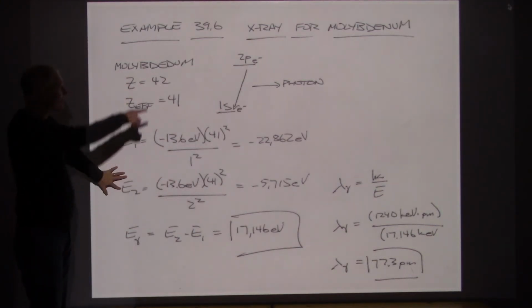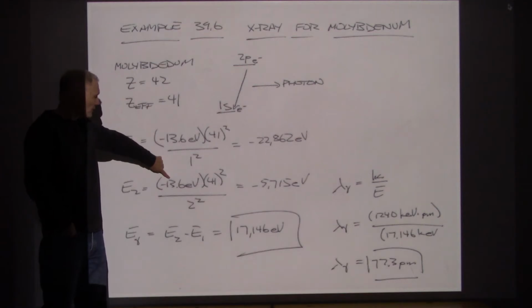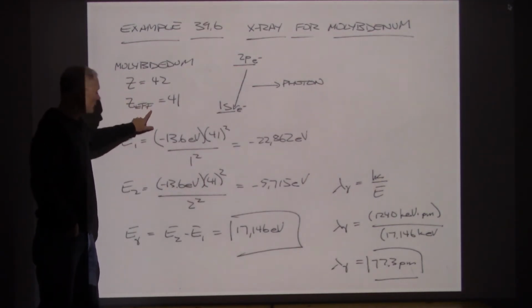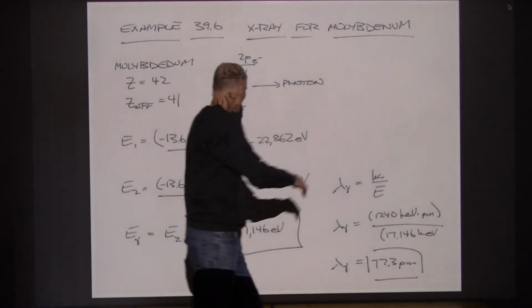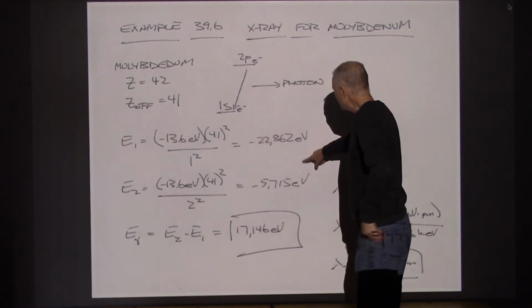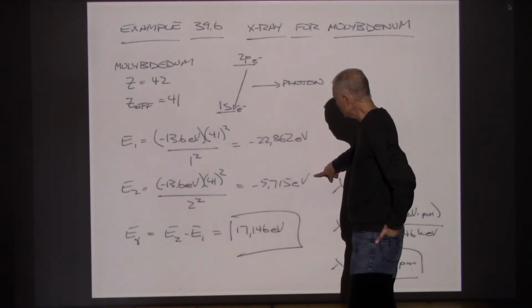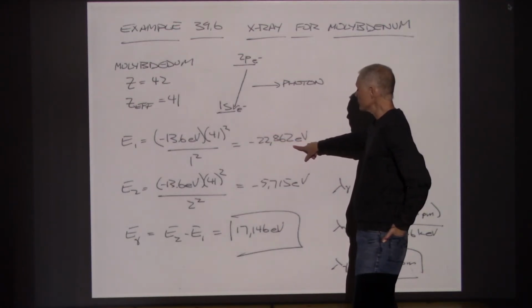If I move to state number 2, again, I'll use my minus 13.6 eV multiplied by my very same Z effective squared, but this time I divide through by 2 squared. So state number 2 is calculated to be at minus 5700 eV, but that lower state is at minus 22,860.